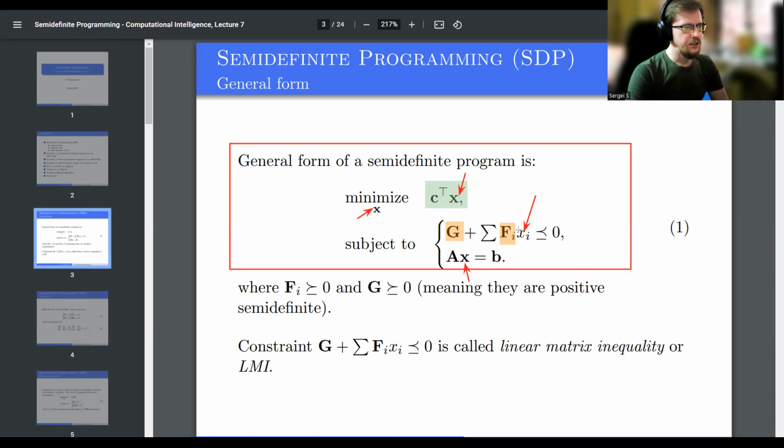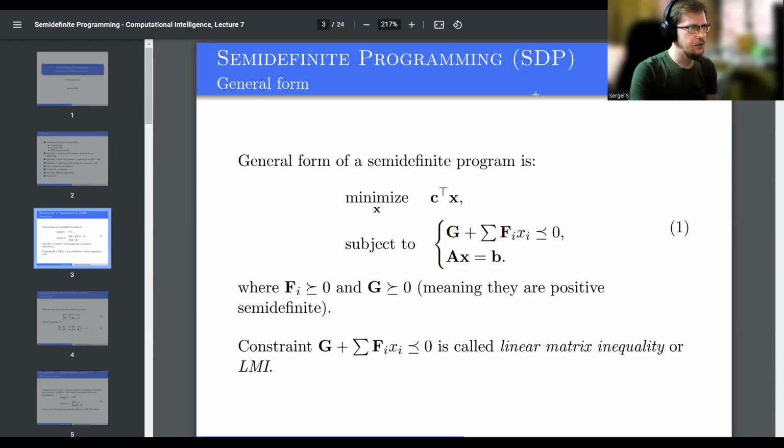What does this constraint mean? The most interesting part here is this. What does this mean? Well, this means that this whole expression has to be negative semi-definite. That is how we read it.